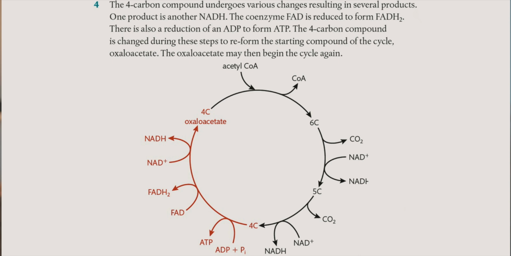That means that the original molecule has been oxidized. Hydrogen was removed and the hydrogen was captured by NAD. NAD was reduced in the process. So the second phase of the cycle is called the oxidation phase because we're oxidizing the molecule, removing hydrogen.